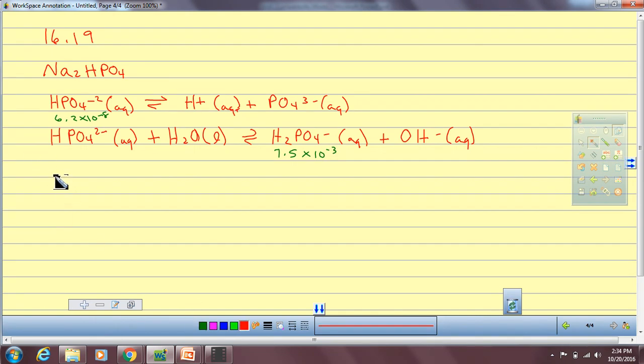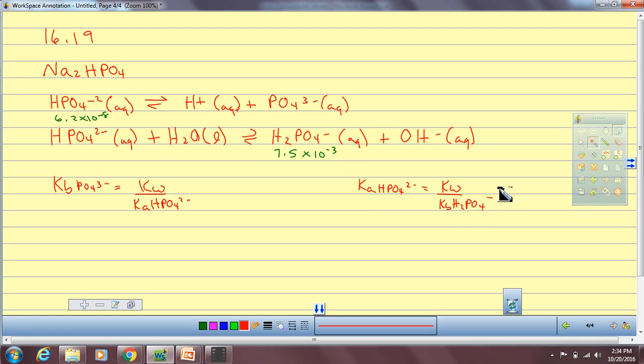For PO4 3 minus, we can find Kb by saying Kw over the Ka for HPO4 2 minus. And to get a Ka for HPO4 2 minus, we can use Kw and the Kb of H2PO4.